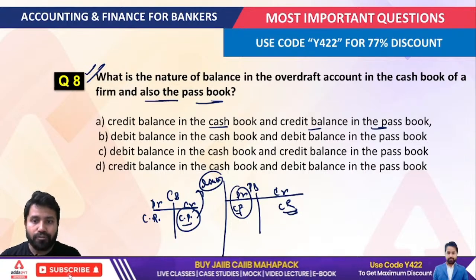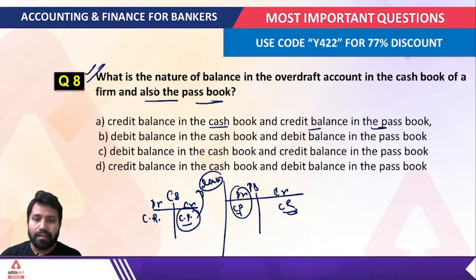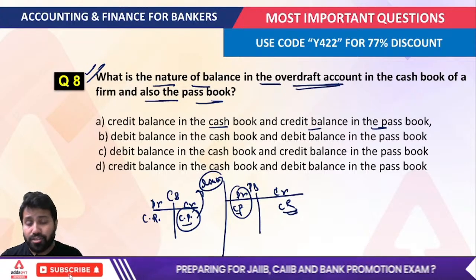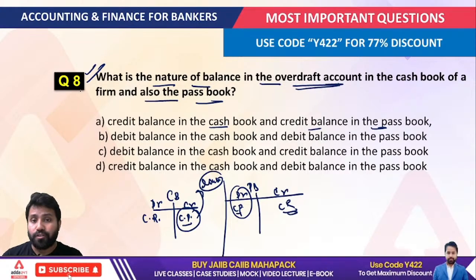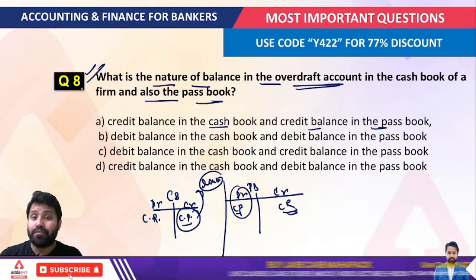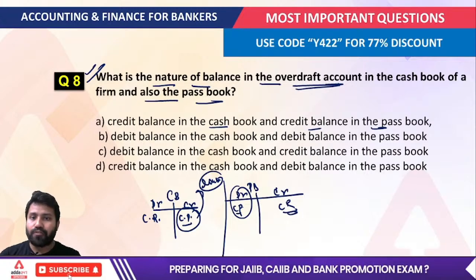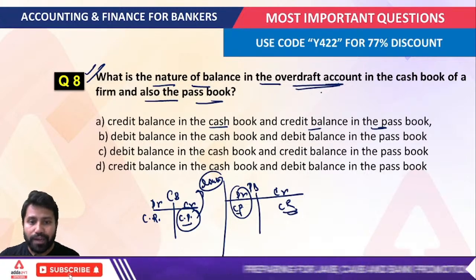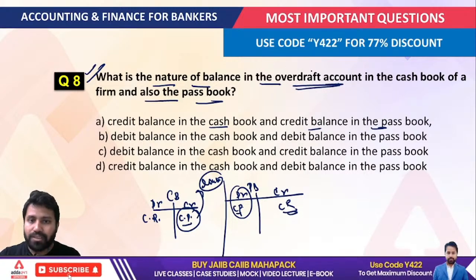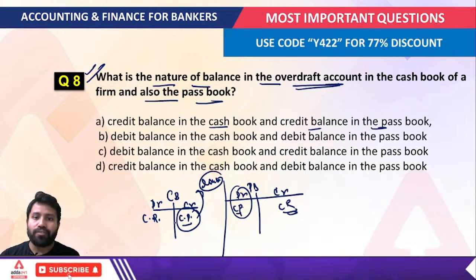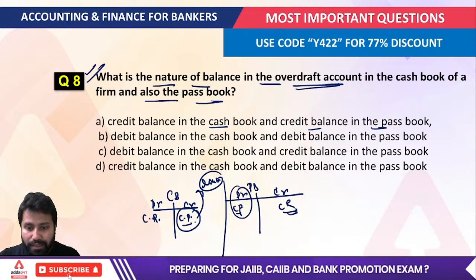Now if I have to find out the nature of the balance in the overdraft account, trust me, you may get questions like this in the examination. This is a very important question to understand. Whenever we talk about the nature of the balance in the overdraft account, the overdraft is a kind of liability that the firm has to pay. And when it is a liability of the firm to pay, it is considered a credit balance in the cash book and a debit balance in the passbook. Option A is not correct, and the fourth option is correct.